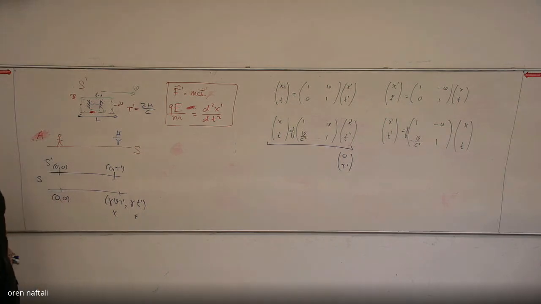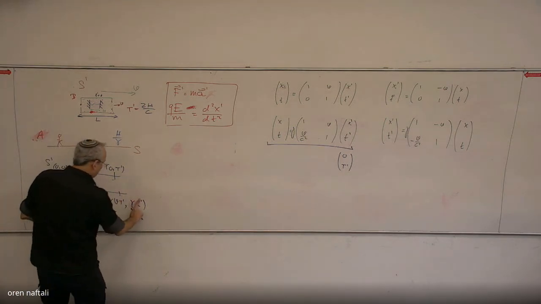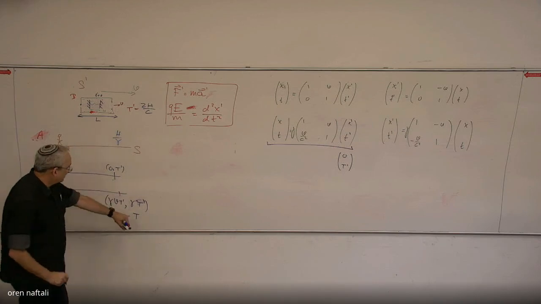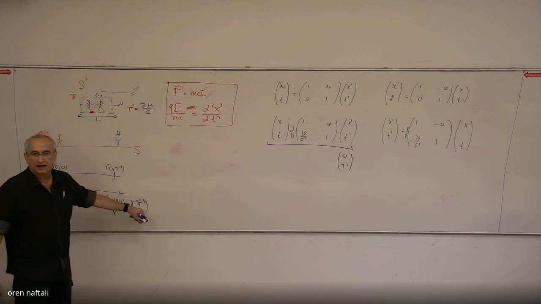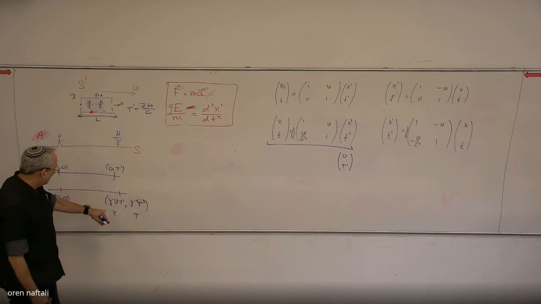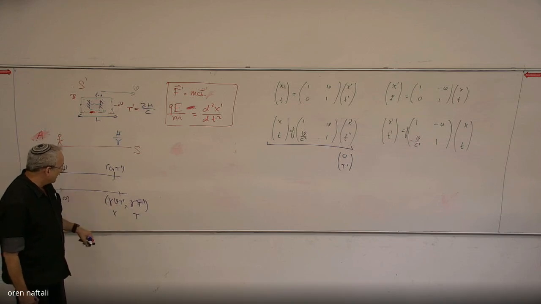Sorry, I call this capital T prime, and this is capital T. So you see that capital T is gamma times t prime. This is exactly the effect of time dilation that we have already discovered. And x is gamma times v times t prime.